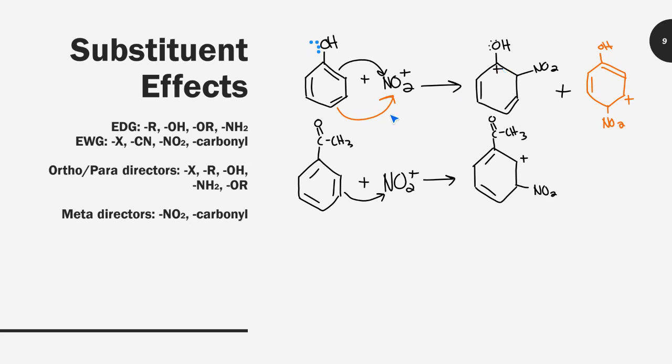Would it be okay to draw both, or should we just draw one or the other on these ends? One second. I would draw it where, normally, things that are ortho and para-directors will be para-directors first, because that gives you the most amount of space.